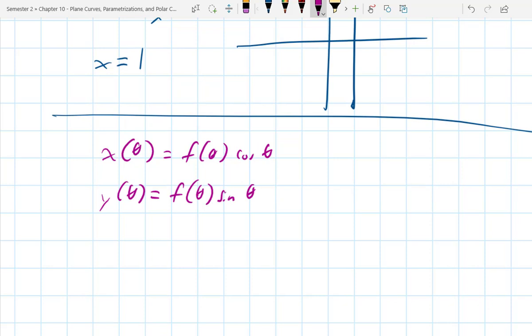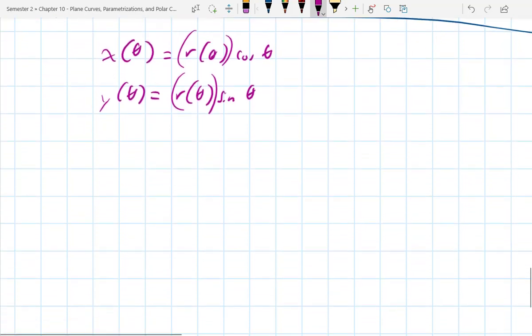I'm going to erase the f of theta and just put an r of theta, because that's how I've been calling it. This is a way to graph it in parametric, if you would need that. We're not going to do that much, but I just want you to have that little trick on hand. We can typically graph in polar on our graphing calculators, so there's not really a whole need to.